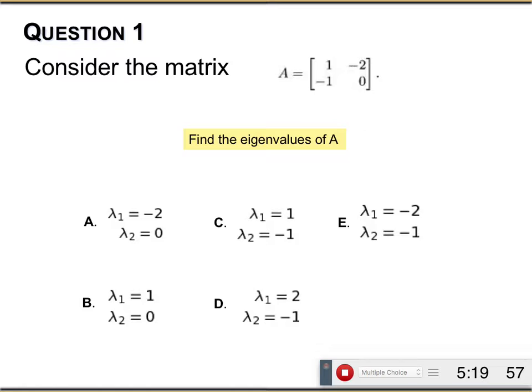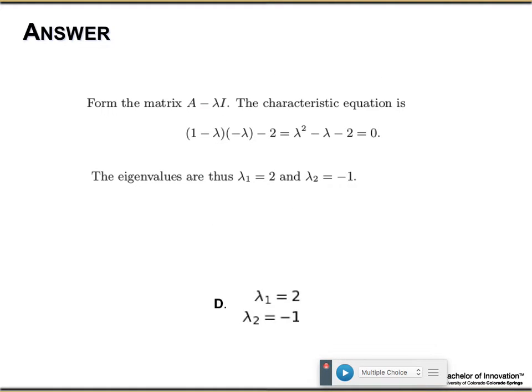Okay, most people did get this. The correct answer was D. We take our matrix, we put in the lambda, we do 1 minus lambda, we do the determinant. Remember, the determinant is this product minus this product, which gives us 1 minus lambda times minus lambda, and minus 1 times minus 2 gives us minus 2.